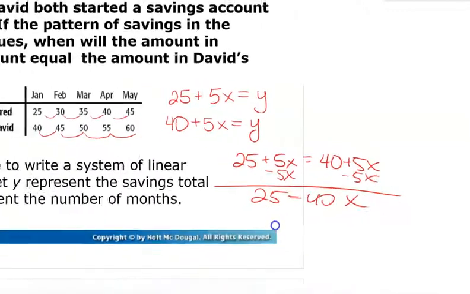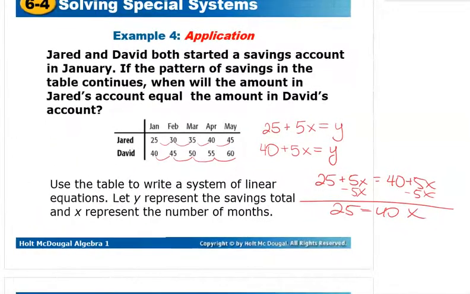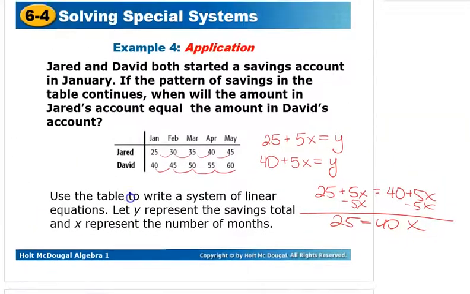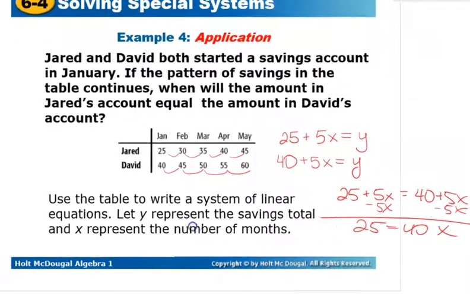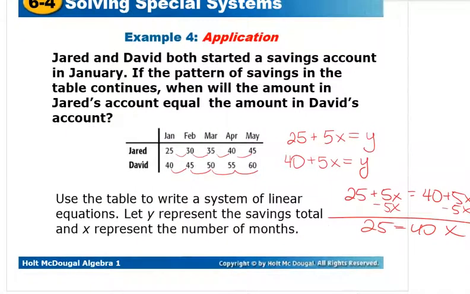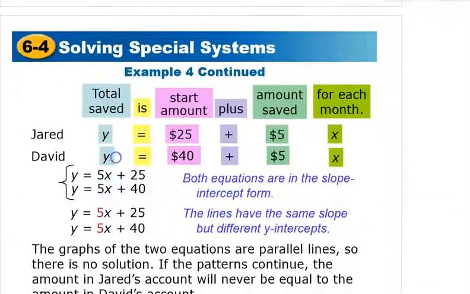So there is no way that these two would have the same amount over the same amount of time, which kind of is maybe an eye-opener to you. The sooner you put money into your bank account, the more money you'll have over time. So David is setting off to a good start here. Now, if Jared wanted to catch up to David, he might want to up how much money he's putting in each month. Maybe increase it to like $10 per month. But there you go, real life application for you.